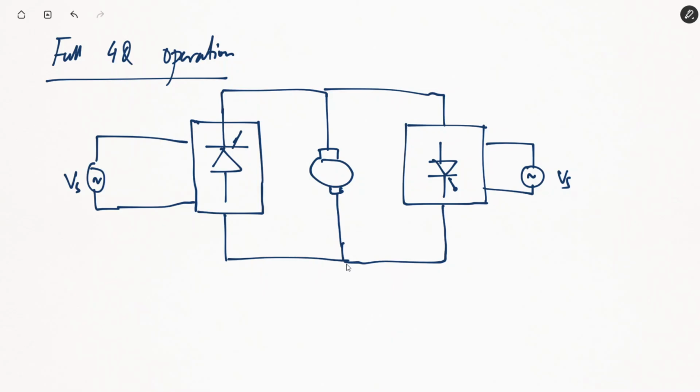So we are making use of two rectifiers feeding the same load. In this case, we use a firing angle alpha 1 and a firing angle alpha 2 for these two different devices.